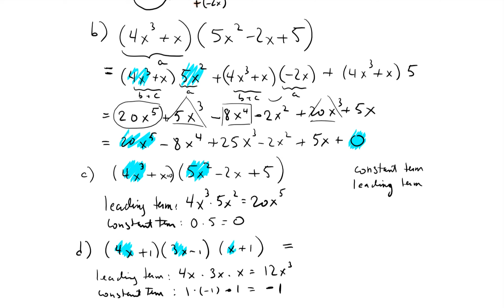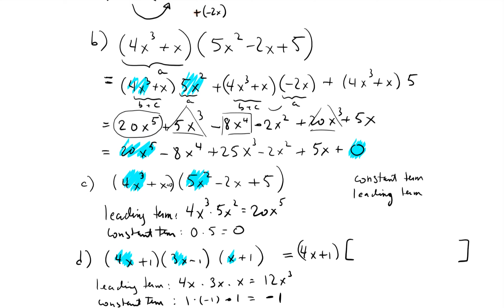If I expand it all, you see I can do 4x plus 1. Maybe first start by expanding the multiplication of the last two polynomials, 3x minus 1 and x plus 1. To show you how I can do this slightly differently from the previous example, let's take a look at example B again.